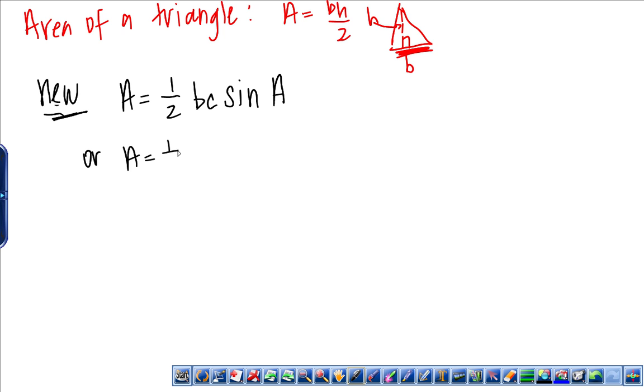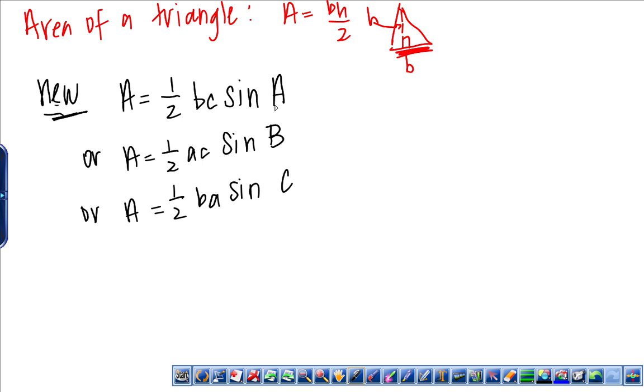If I were to look for angle B, then I would say A times C sine of B. And again, I can change that up more. If I'm looking for angle C, then I'm going to say 1/2 B times A sine C. So if you notice, I'm just making sure I use all the letters. Angle A, here's BC, angle B, here's AC, and so forth. Okay?